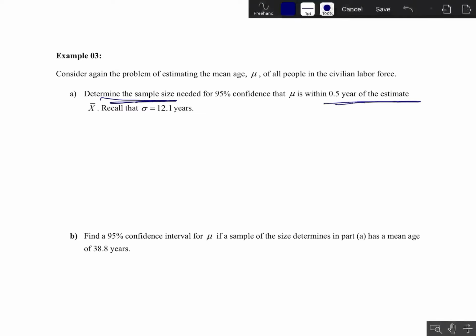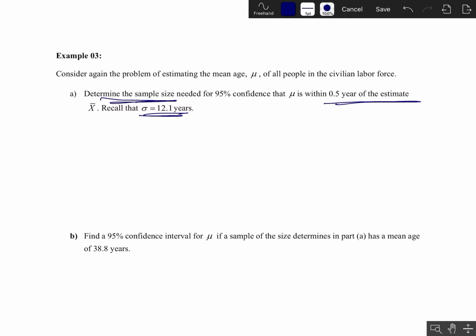So in this case, we want to know how many people would you need to survey in order to be 95% sure that mu, the actual population mean, is within plus or minus 0.5 from your x bar. And here we're using the same data set, so we're still assuming that the actual population standard deviation is 12.1.